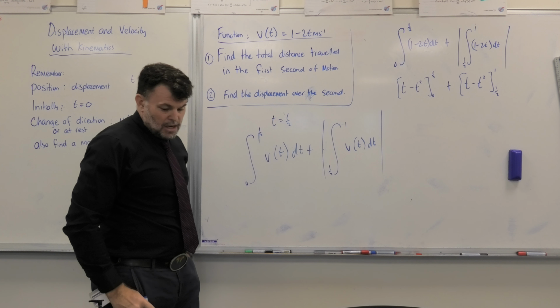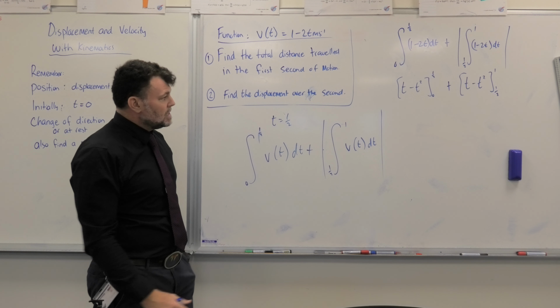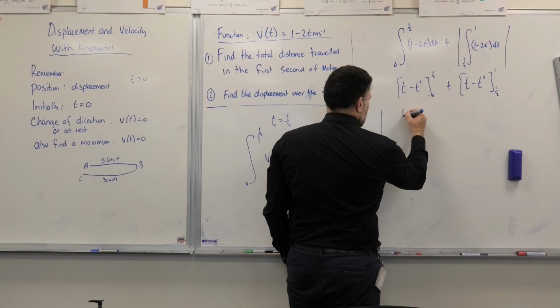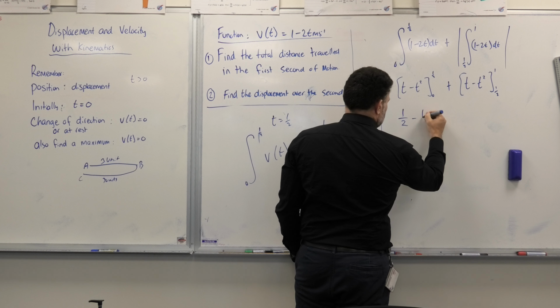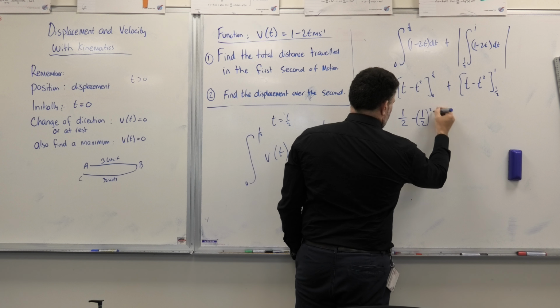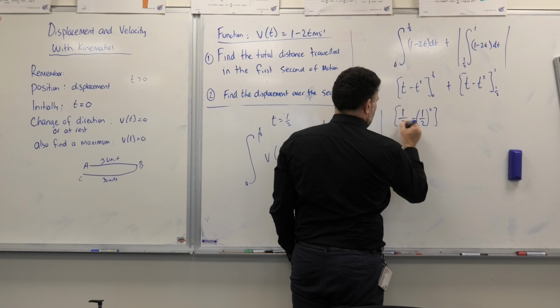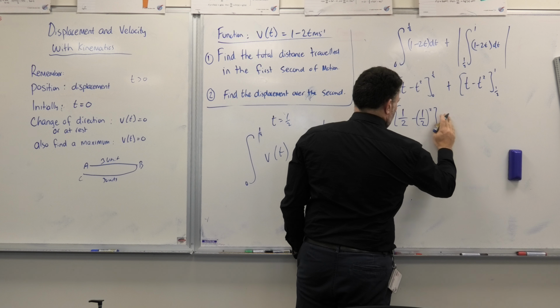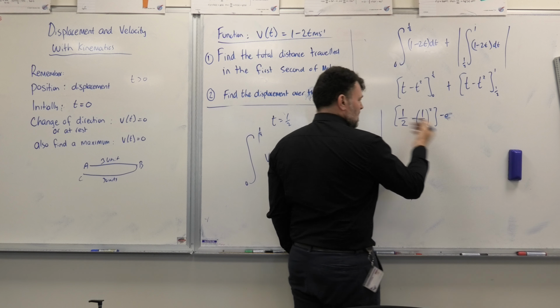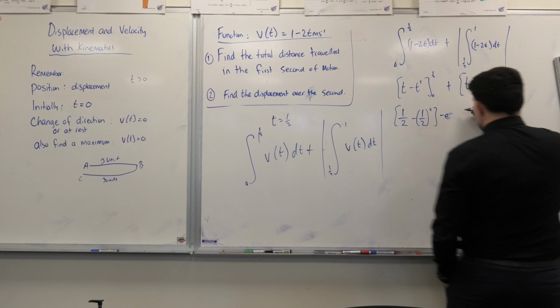So when we're looking at this part here, let's plug everything in. We know we're going to have 1/2 minus 1/2 squared. If we minus 0 from that, it's going to make no difference.